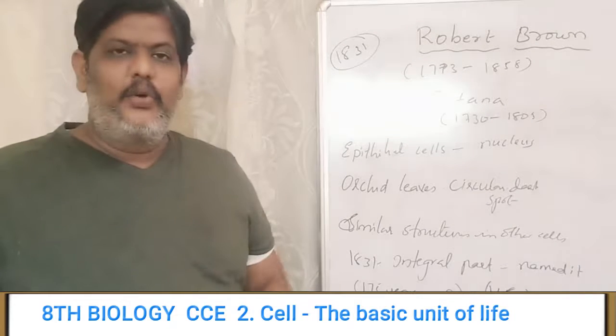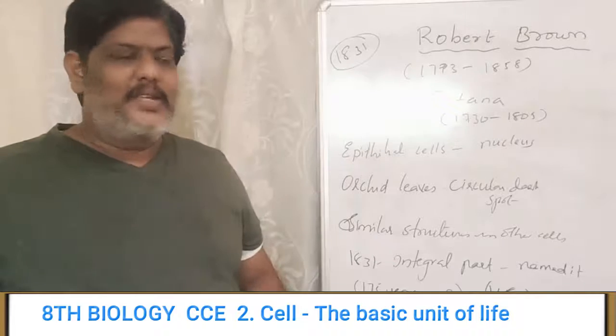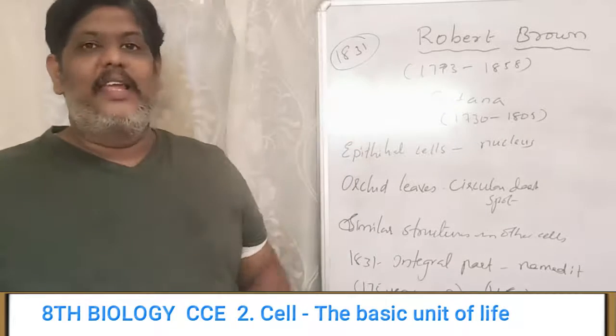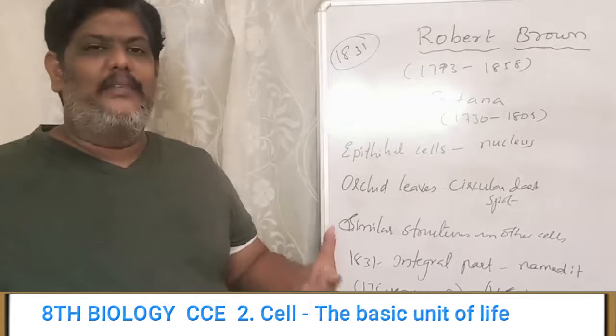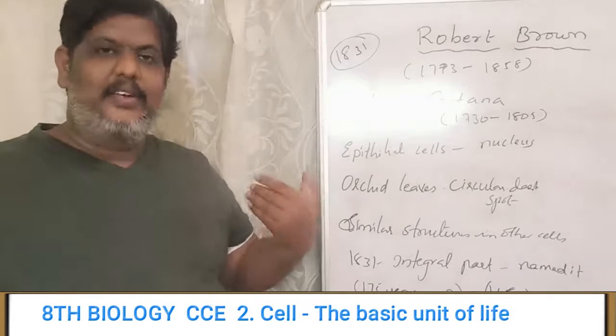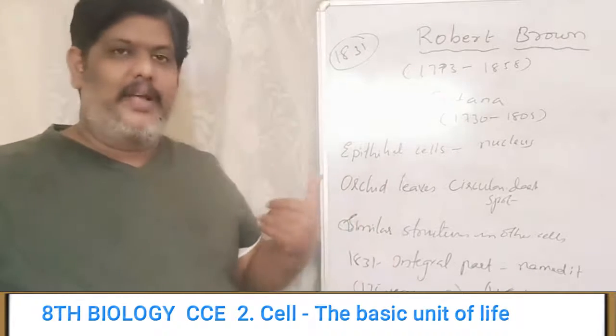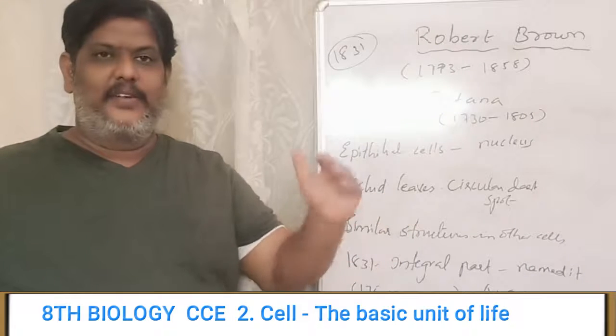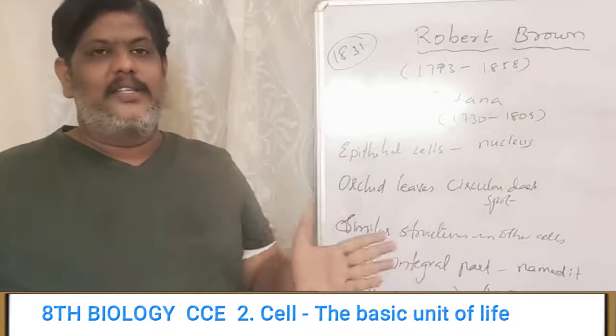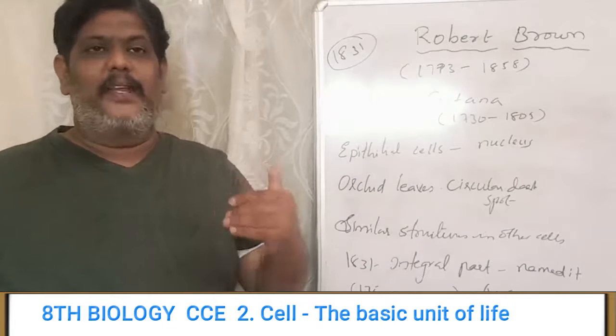A plant doesn't have a nose like us, does it? It has only stomata on the leaves, and those help to diffuse the gases, carbon dioxide and oxygen for photosynthesis, and oxygen and carbon dioxide for respiration.